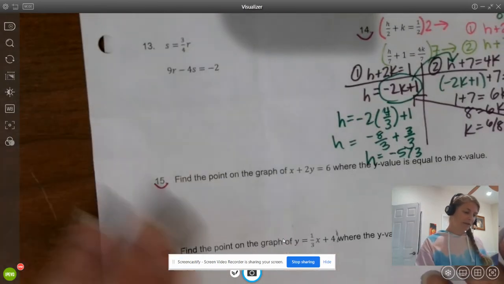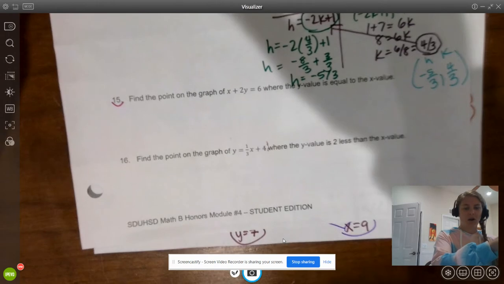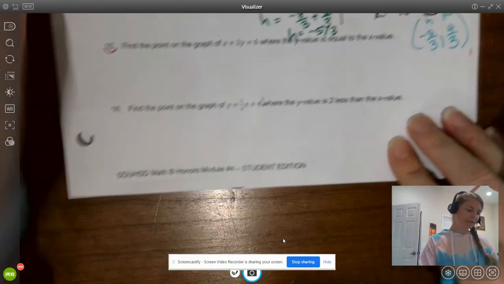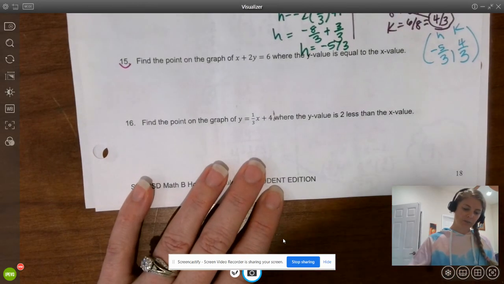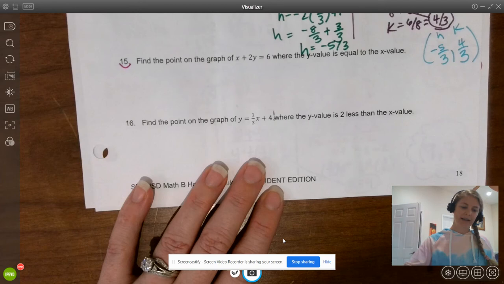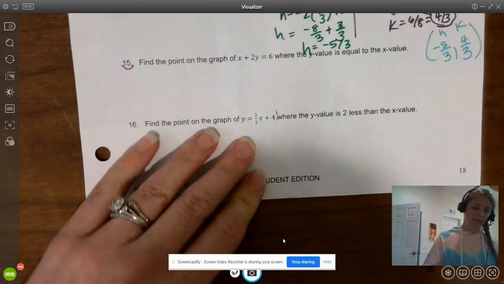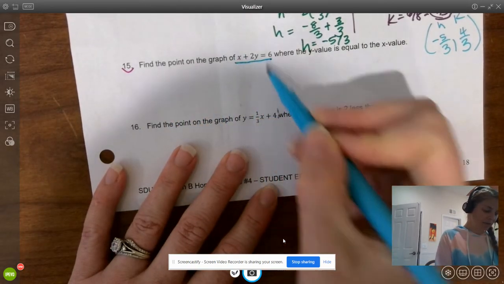So let's take a look at 15. 15 and 16, you're going to see similar problems like these on your dots, on your exams, on your homework. So remember, we're looking at systems of equations that are two equations. What we want to look at here is it says find the point of the graph of x plus 2y equals 6.